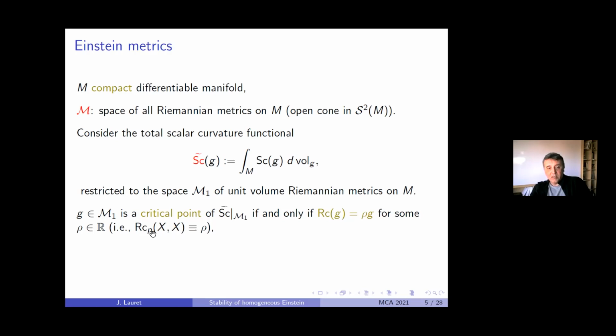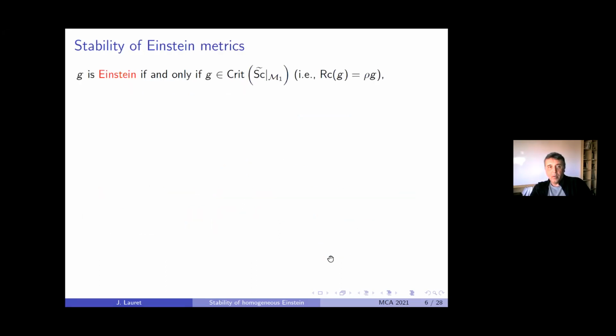So in each direction that you take this average, you get the same number. Because constant sectional curvature is too strong. But okay, so these are Einstein metrics, and well, here you have this book.